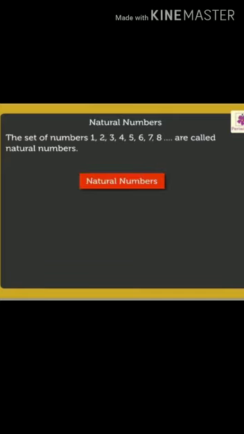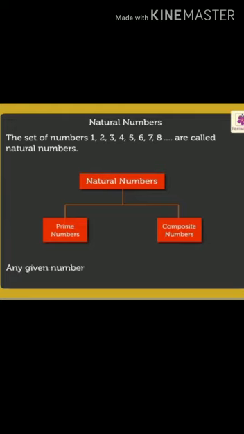Natural numbers can be divided into prime numbers and composite numbers. Before we proceed ahead, remember that any given number will always have 1 and itself as its factors.